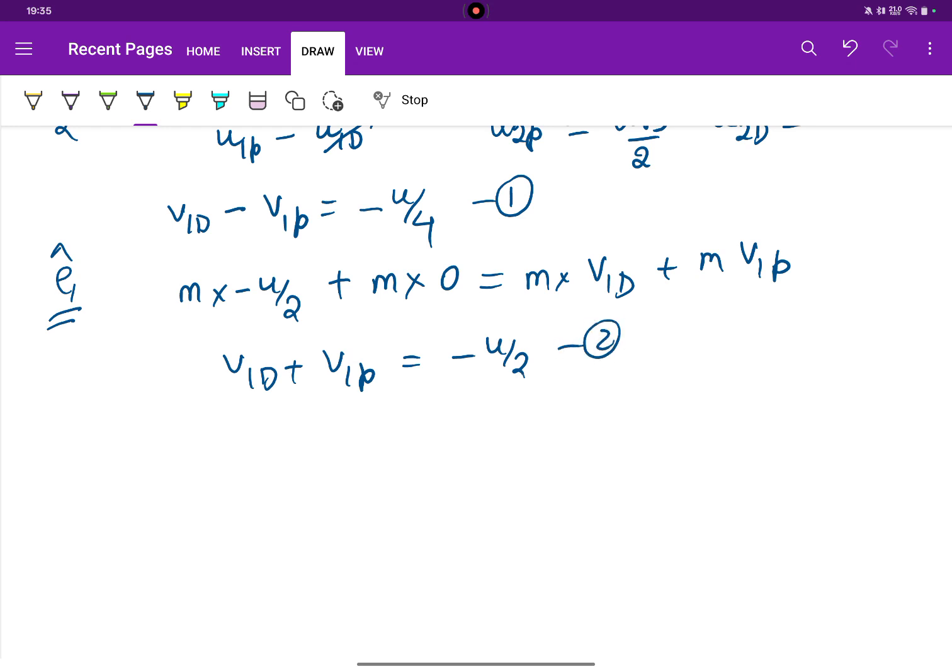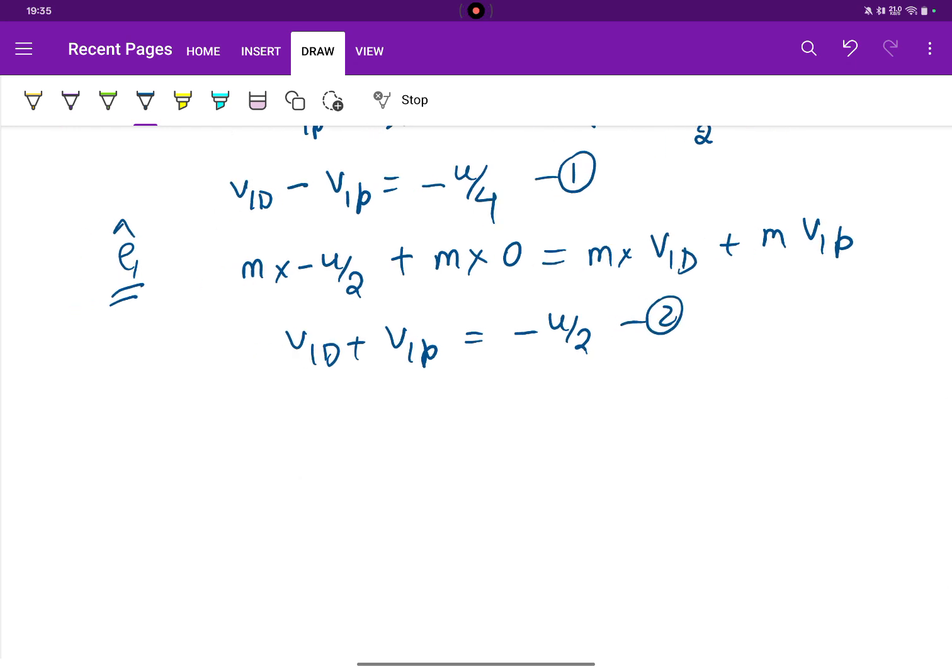This is your second equation. Now let's find out things from equation 1 and equation 2. Just add them. What will you get? 2v1d is equal to minus 3u by 4, and this v1d comes out to be minus 3u by 8. Final velocity in e1 cap direction for the disk.